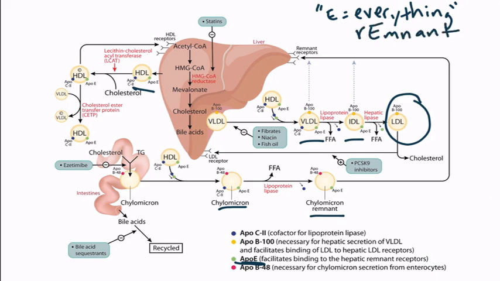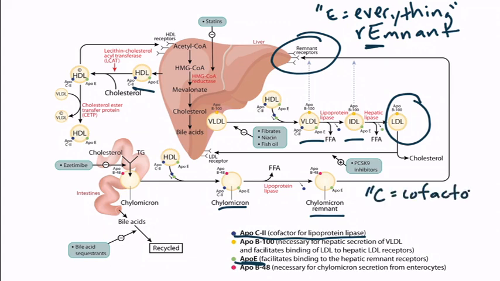As we just discussed, ApoE mediates the hepatic uptake of remnant molecules. You can see the remnant receptor right here, so the E in remnant. Next, ApoC2 can be remembered by thinking of the C in ApoC2. C for cofactor. So C is a cofactor for lipoprotein lipase.